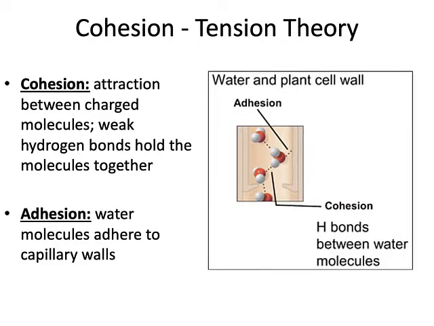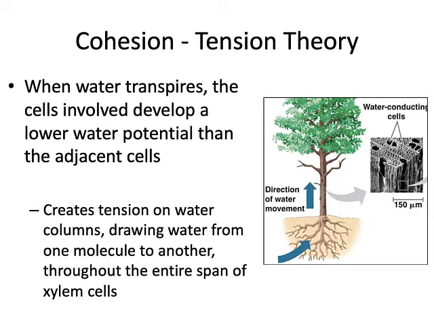So the theory that describes how water moves through plants is called cohesion tension theory. Cohesion means that there is an attraction between charged molecules. We've got relatively weak hydrogen bonds that hold these molecules together. On the other hand, adhesion means water molecules are sticking to the inside of these xylem capillary walls.